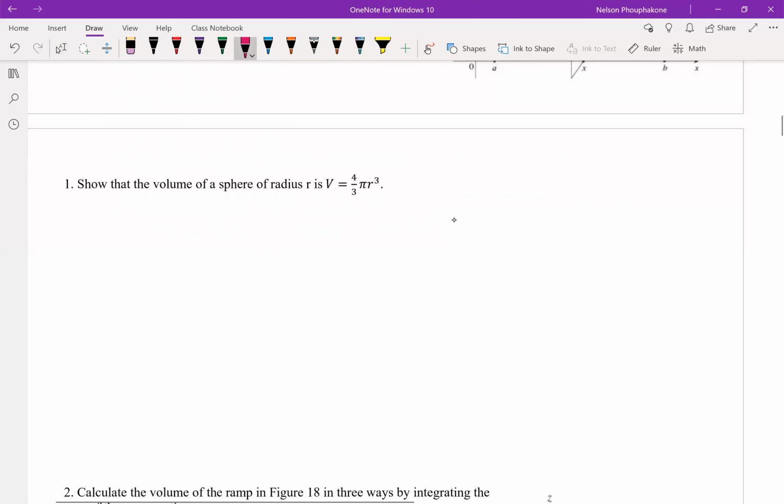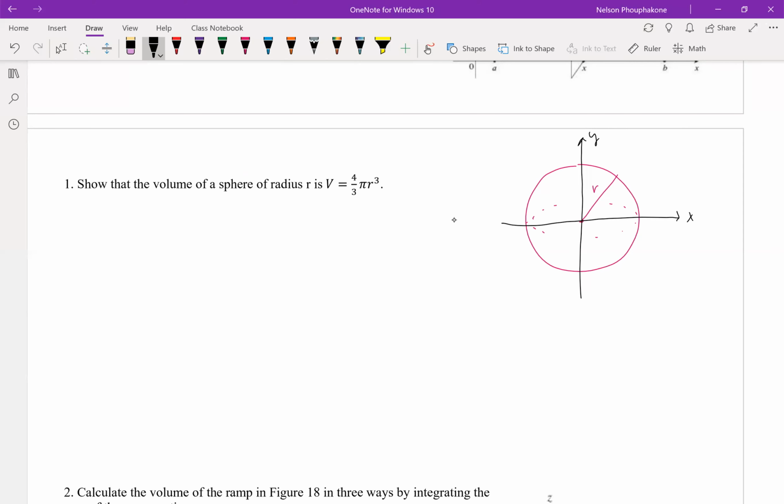So what we are going to do here is, if we have a sphere, we know that from the center, this is r. Now I would like to set up a coordinate system. So this is x, this is y right here. Now I would like to cut it perpendicular to the x-axis, meaning I would like to cut it this way.